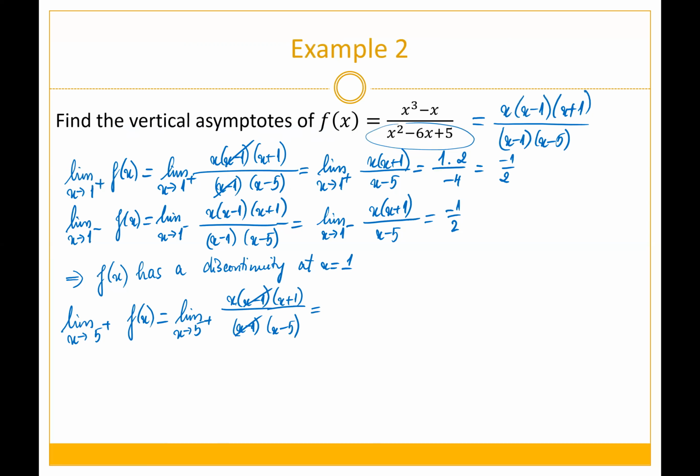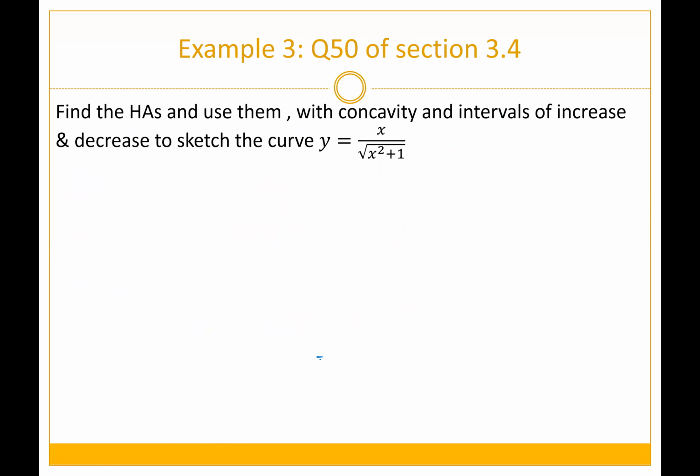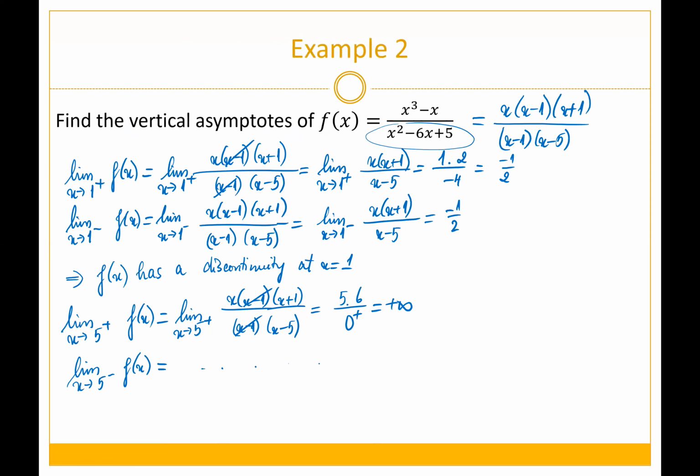Then it's going to be 5 multiply 6 divided by 0 plus, which is going to give us positive infinity. And now if you do the same thing, x approaching 5 minus of f(x), it's going to give us negative infinity. So therefore, we concluded that our vertical asymptote is where x is equal to 5.